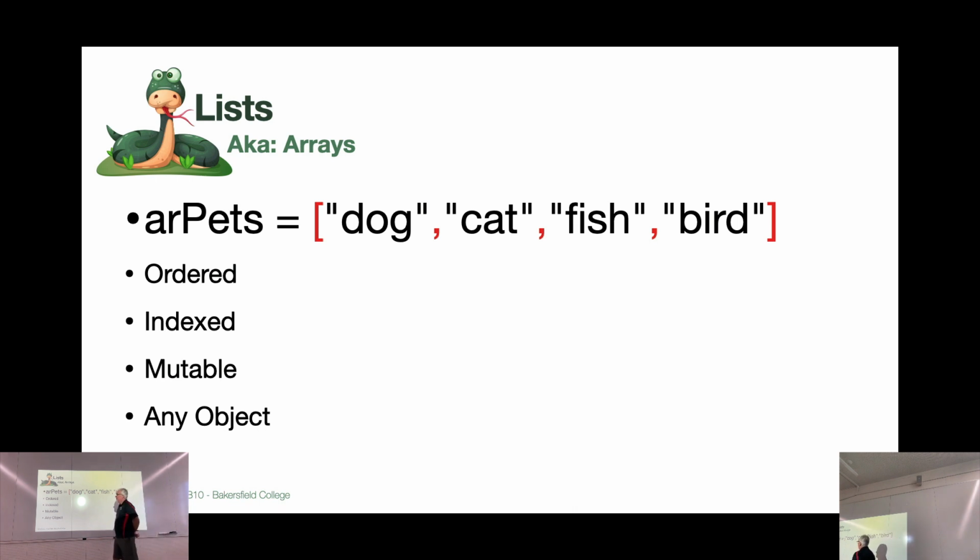They are ordered, which means dog is going to stay here in the first position no matter what I do, unless I explicitly change the order of this list. So it'll always read dog, cat, fish, bird, unless I change that order. So ordered means the order of things in that list is sticky. It stays put. That's useful to know.